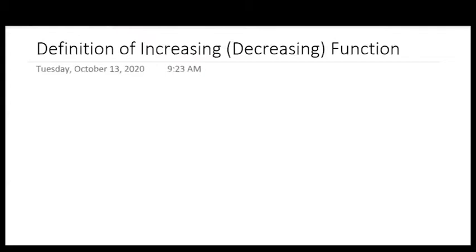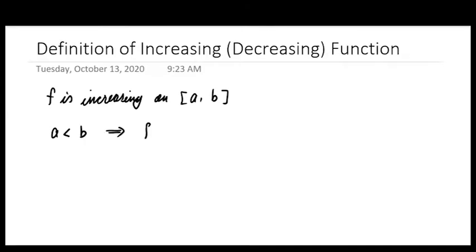The definition of an increasing function, according to most analysis books, is this. F is increasing on A and B, between A and B, if... Does that make sense to you?